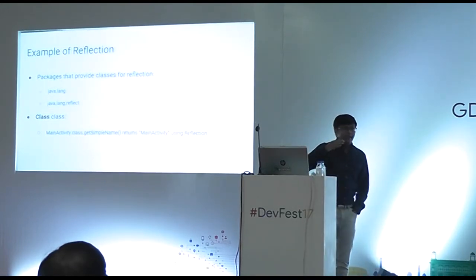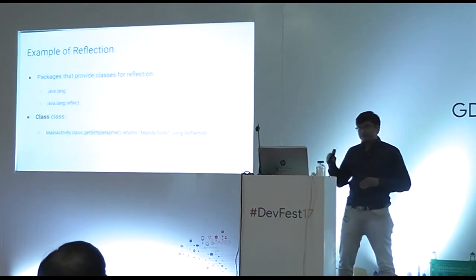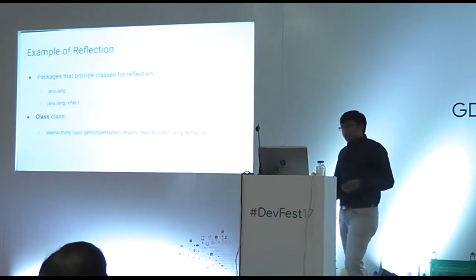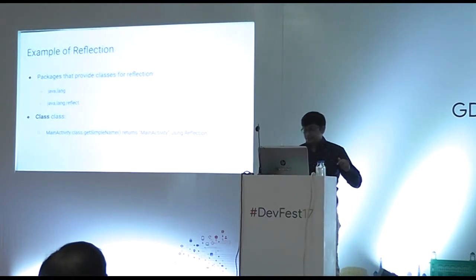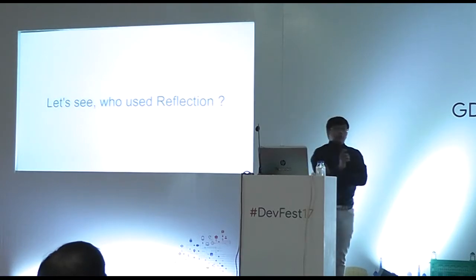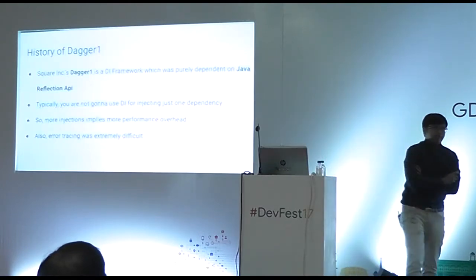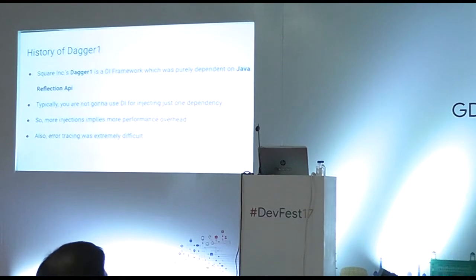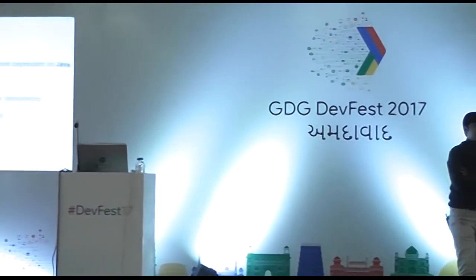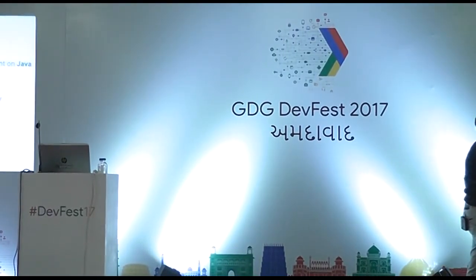For logging purposes, we might be using MainActivity.class.getSimpleName or getCanonicalName or something. So this is reflection. So we might want to see who used this reflection API. Dagger 1, typically Square Inc., they wrote this Dagger 1, and it was purely based on reflection.